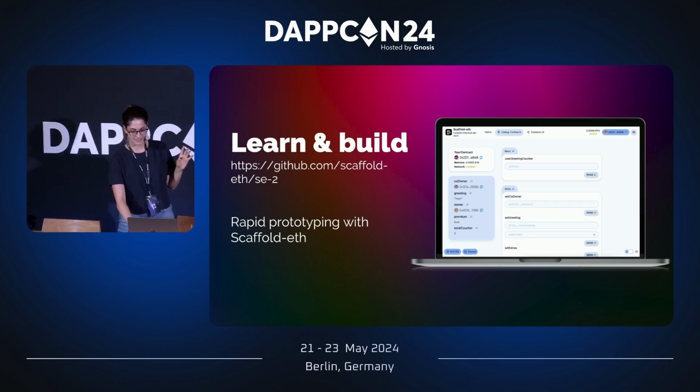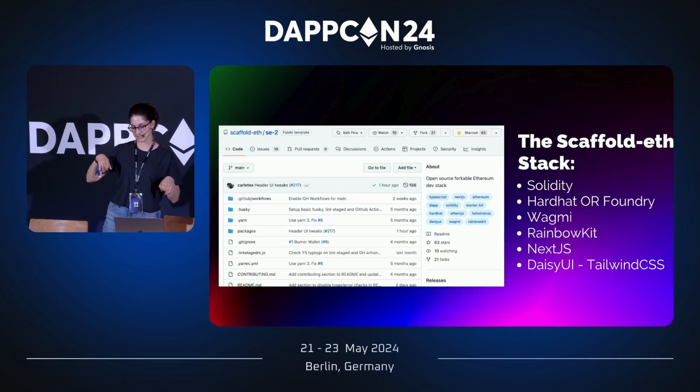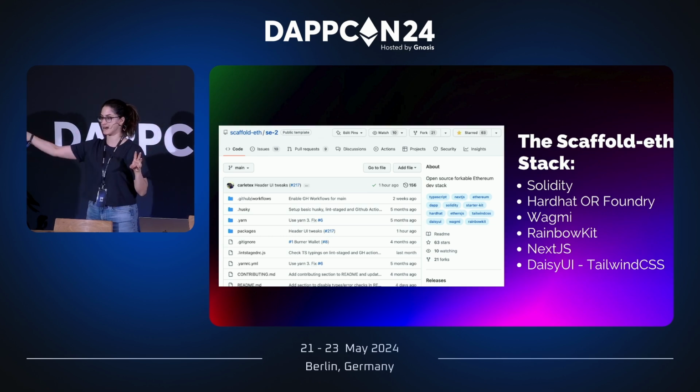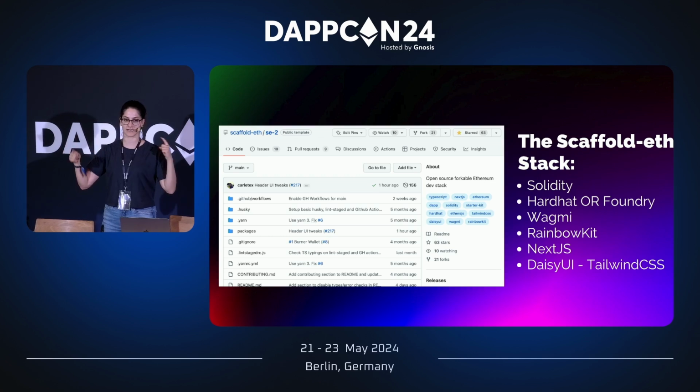To dive a bit more into the stack itself, Scaffold-ETH has a Next.js component, which is the front-end piece, and then it has the contracts. You can have the smart contract piece in either Hardhat or Foundry. When you're setting up with the wizard, it will ask whether you want to use Hardhat or Foundry for your smart contract development toolkit.